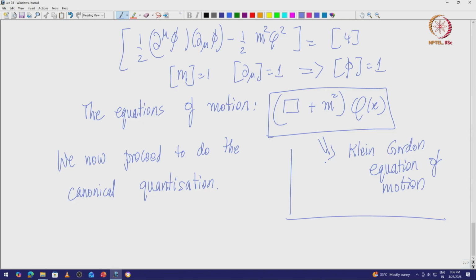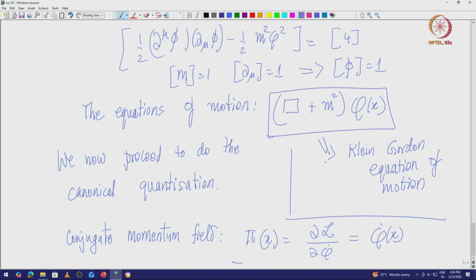Okay. So for this the first step is to define the conjugate momentum field. The conjugate momentum field pi of x will be del L by del phi dot, that is nothing but phi dot of x.